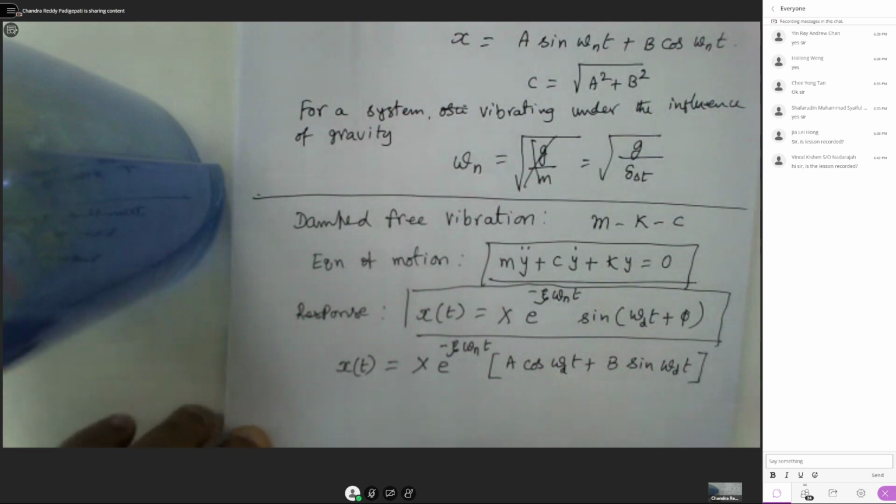So we can also write the response of a damped free vibration like this.